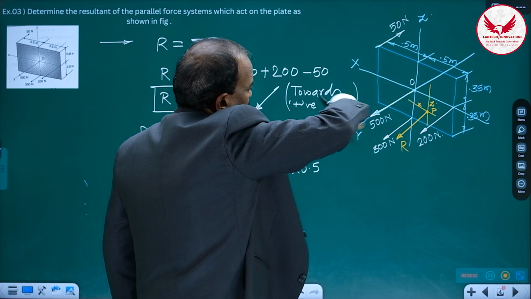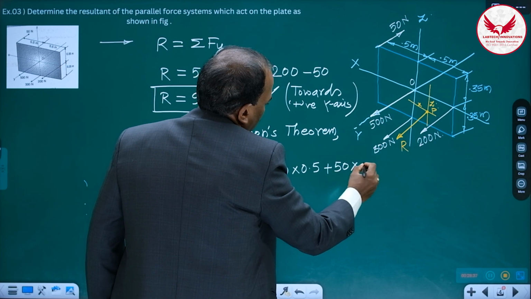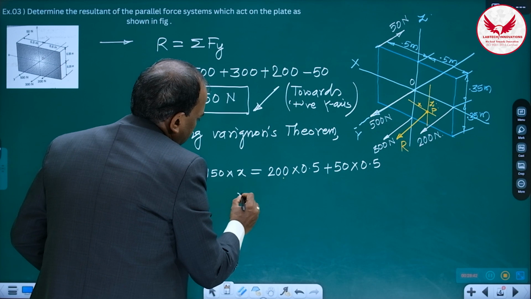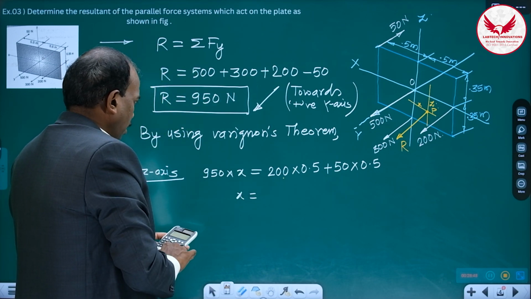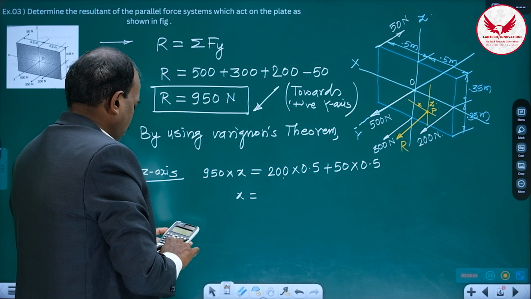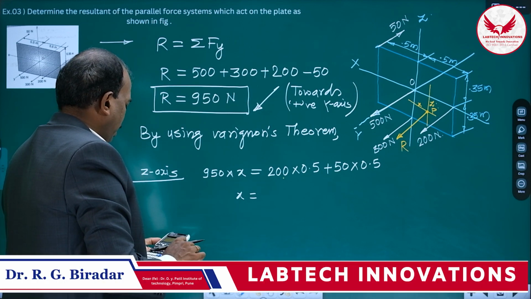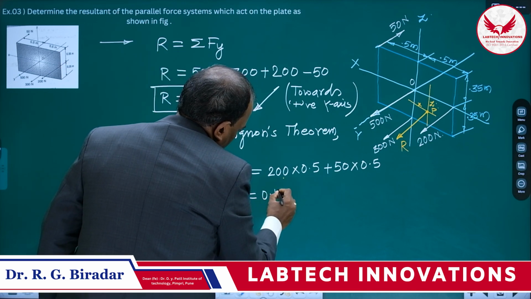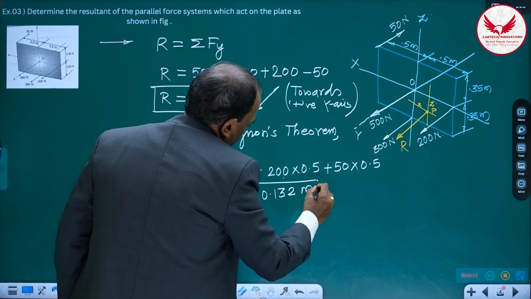Again 50 also, its moment about z axis clockwise only. 50 into 0.5 means 250 into 0.5 divided by 950. It's 0.132. 0.132 meters. It is x.